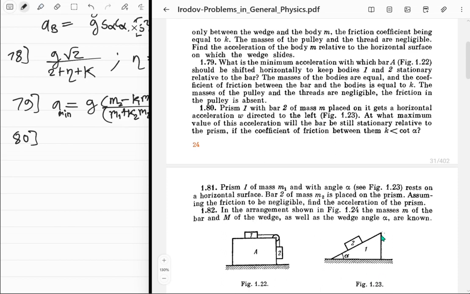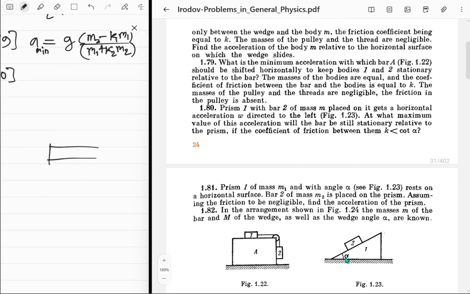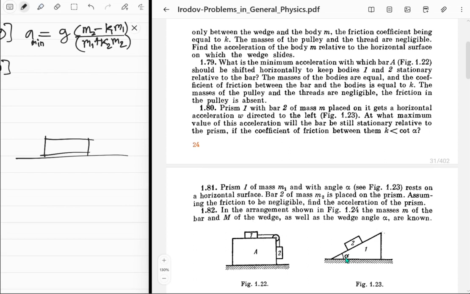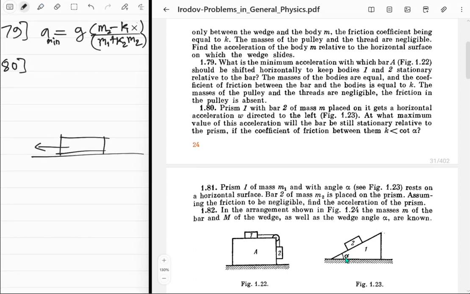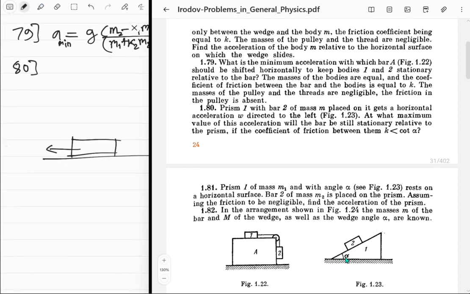So just go to the reference frame of this prism. So there is a pseudo force acting on it. Yeah, right. And then we'll just take this surface as our base. So the acceleration on this guy is just g sine alpha.